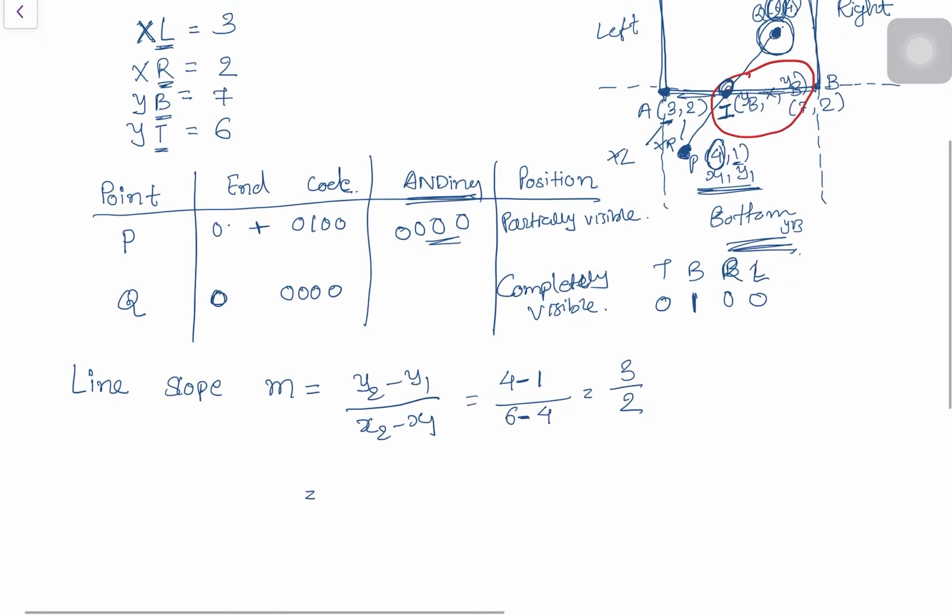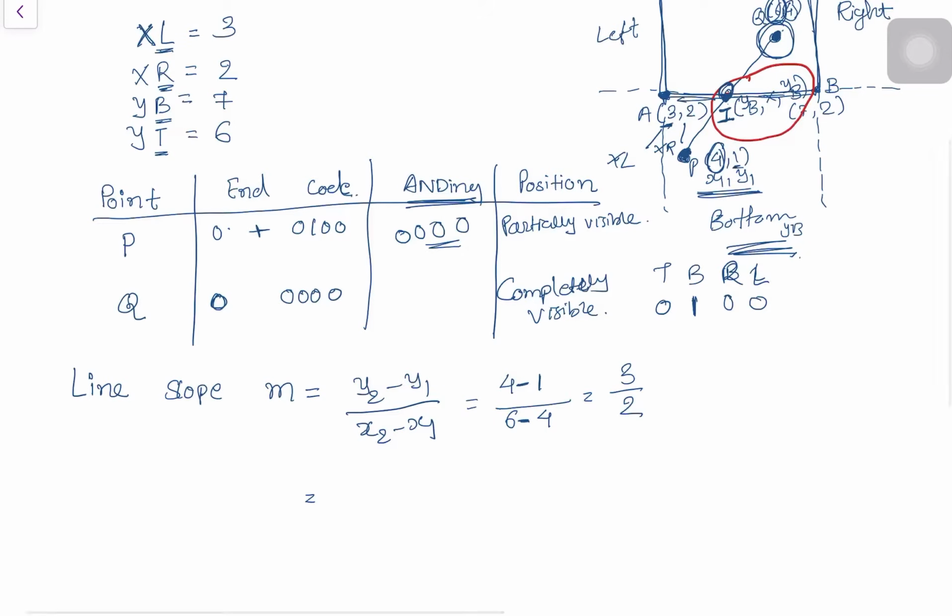Now what is the slope equation for this intersection point, right? For this intersection point, that is yb x, as per the algorithm, yb x is equal to x1 plus 1 divided by m, yb minus y1, where m is not equal to 0.